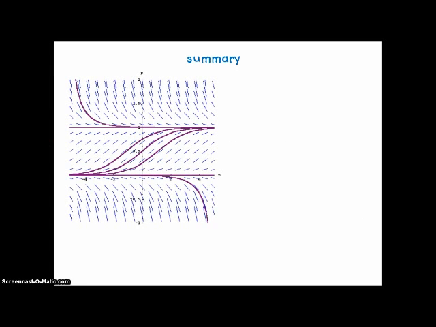Summary. Okay, so here's a slope field that represents an autonomous differential equation, and I don't know if you can see it, but there are 7 specific solutions sketched in. 2 of them are constant solutions, y equals c1 and y equals c2, which means that f, which is the derivative of y, is going to be 0 at those particular values of y.